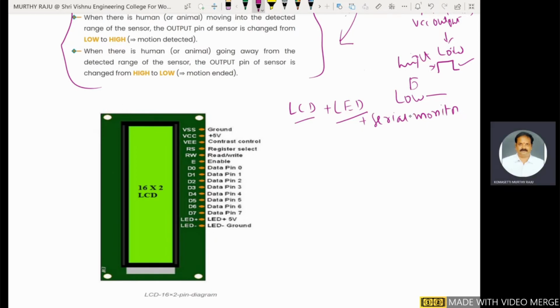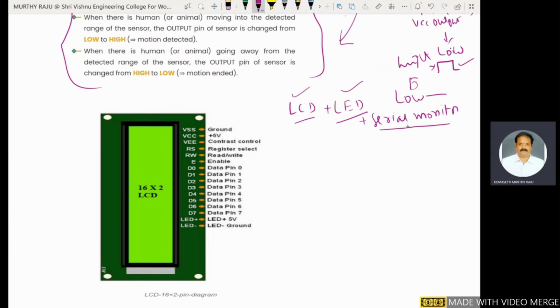Object is recognized. In the serial monitor, 1 is shown. That means high value. The LED is on, and on the LCD, object is recognized.